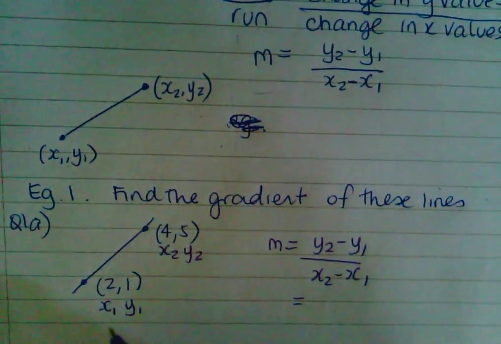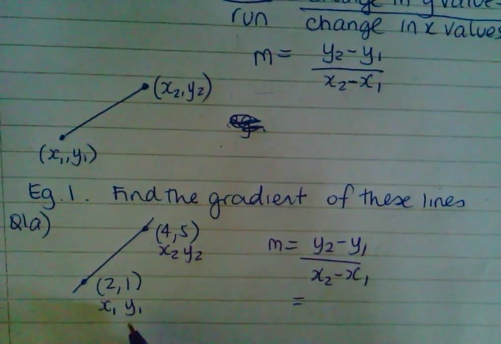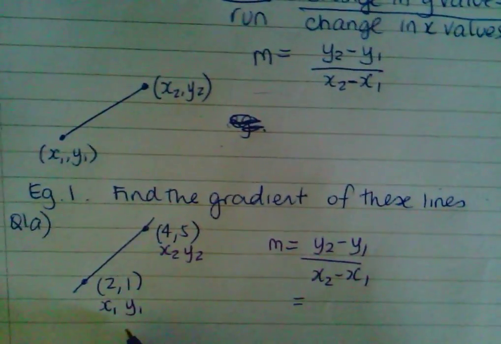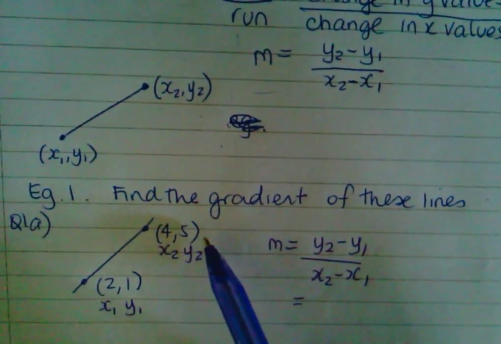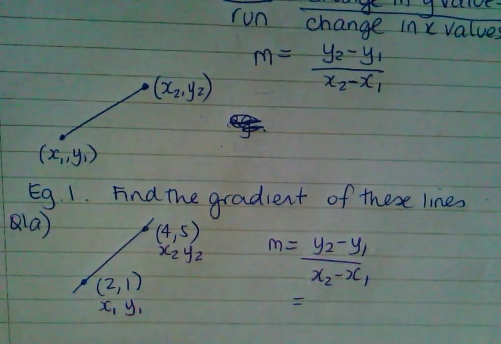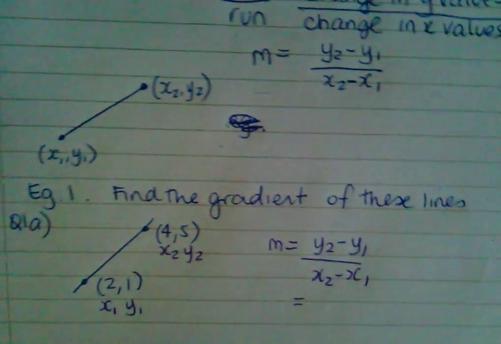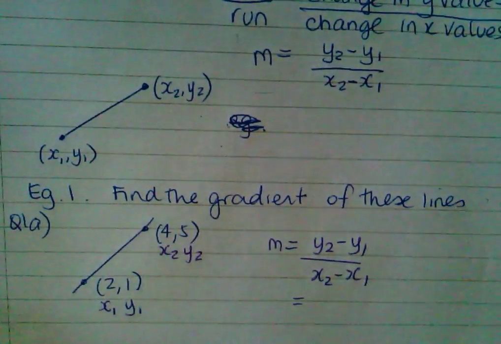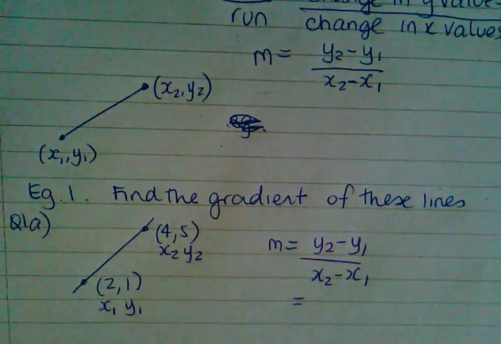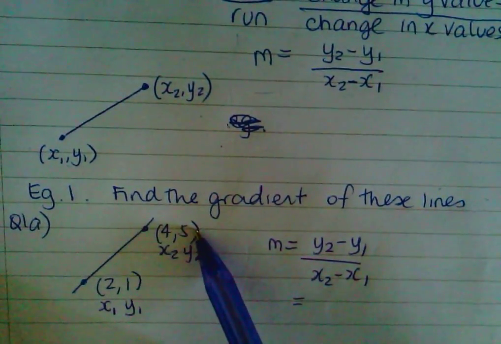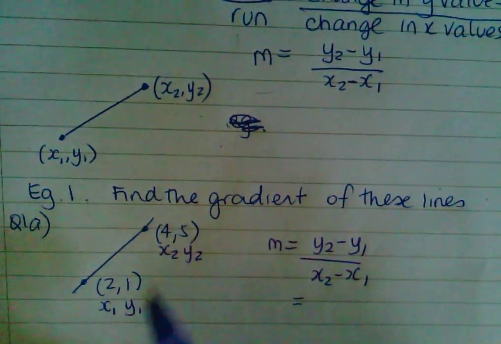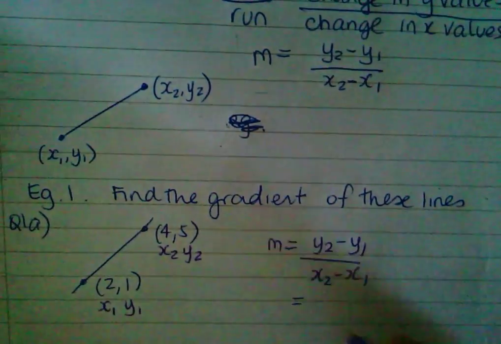So I've labelled each point x1, y1, not x1, x2. That is an x and a y value. This is point 1, that's point 2. It doesn't matter if you call the top one point 1 or the bottom one point 1. But I like to have the one that's lower down as point 1, all right? So what's y2 according to this? 5 minus, what's y1? 1.